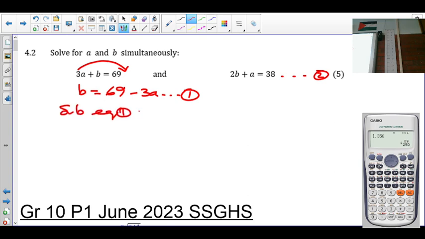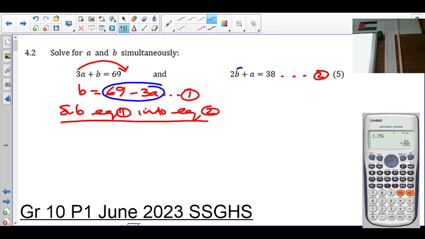So what do we do? We substitute equation 1 into equation 2. So wherever I see a b, I replace it with 69 minus 3a. So my equation now reads 2 into 69 minus 3a plus a equals 38. So what do I do now?